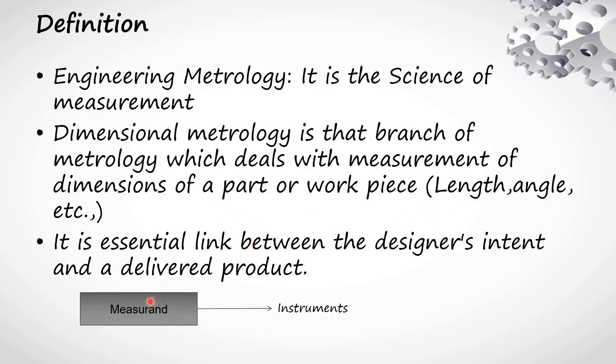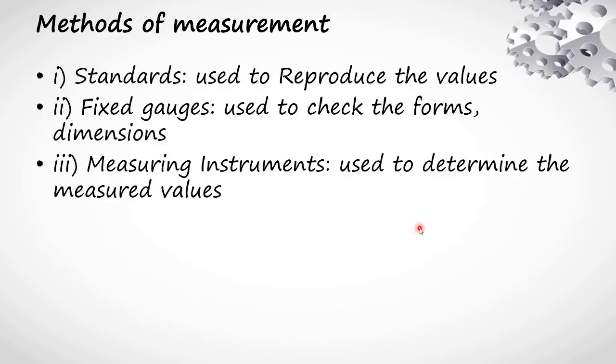For example, you can see measurement and instruments. So here the item which is to be measured, we can call it a measurand. And coming to the methods of measurement, basically here: standards, fixed gauges, measuring instruments.